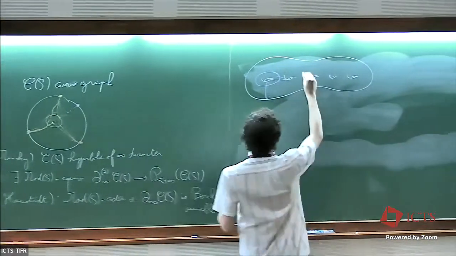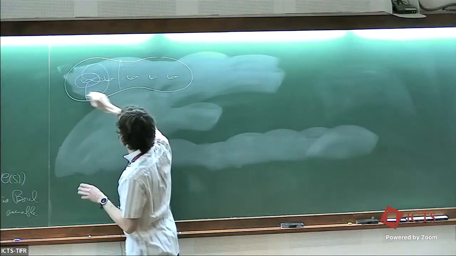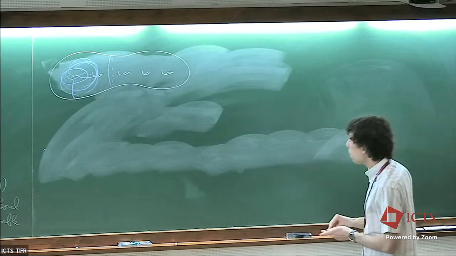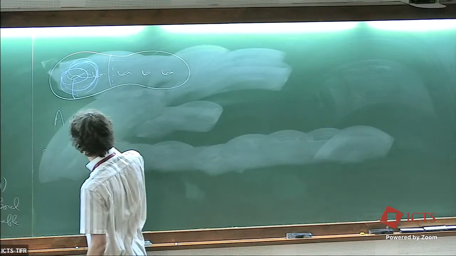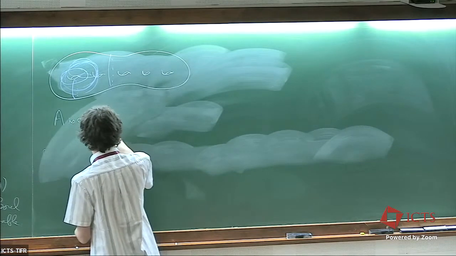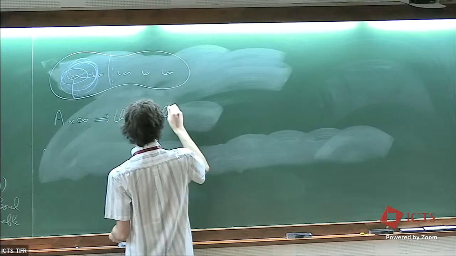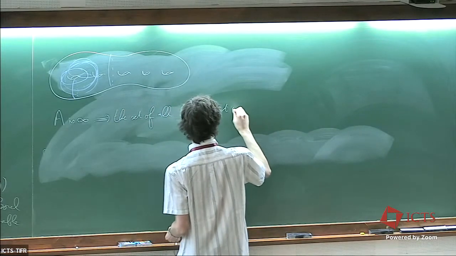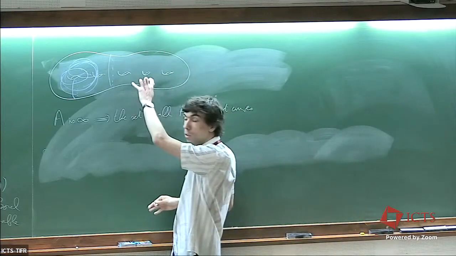And it could be that, in fact, A is acting trivially on this subsurface, and every curve that lies here is A-invariant. Right? But the thing is, because A is infinite, the set of all A-invariant curves cannot fill the whole surface.